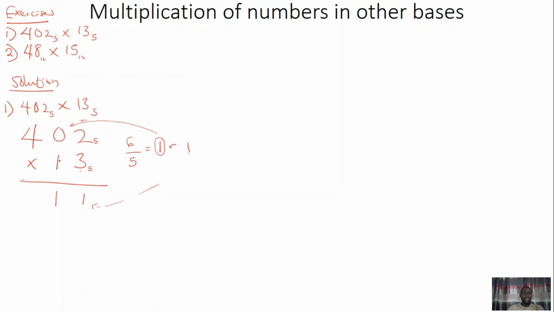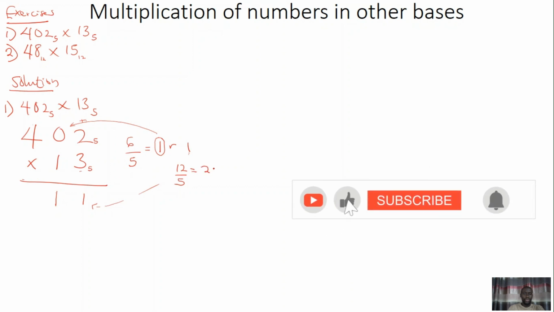Now let's move to the third digit, which is 4. 3 times 4 is equal to 12. Instead of writing 12 here, we divide 12 by 5, that is the base in which we are doing the operation, right? So this is going to give us 2, remainder 2.